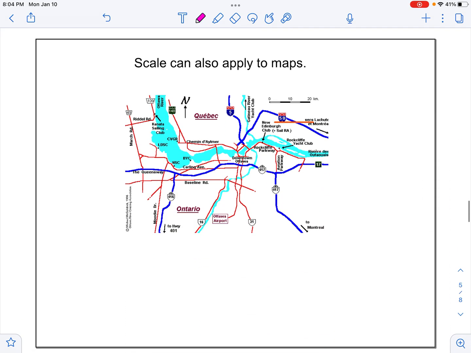You can also apply this scale to maps. I know maps are kind of a long gone thing because we all have phones now with Google Maps on them, but it is kind of a good thing to know how to read a map. So obviously you have to take this huge state or country or whatever it is you're working with and shrink it down.